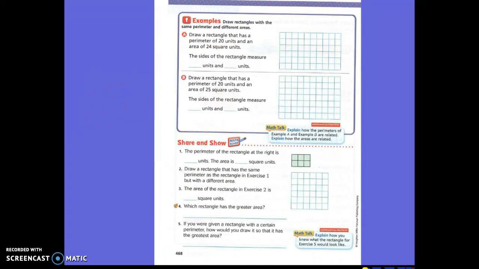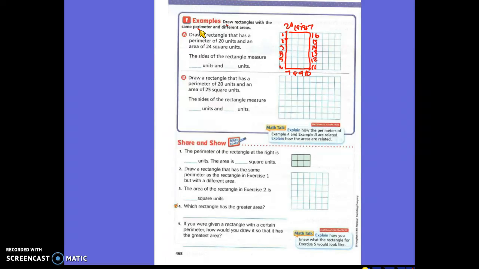Exactly. I found a pattern on the other page. The first example says draw rectangles with the same perimeter and different areas. So we drew a rectangle that had 20 units for its perimeter. We said 6 times 4 equals 24.